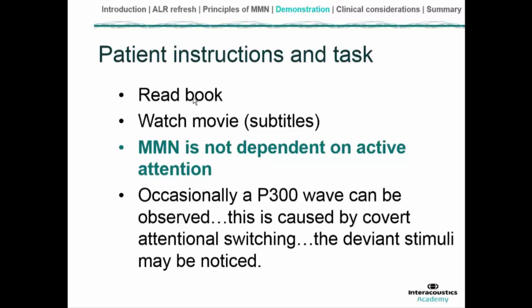So the more distraction that we can offer the patient, the better. But if you do see this N2B or P300 occurring, then it's likely that that is caused by the individual happening to notice a deviant occurring and then their attention switching to that deviant. But all in all, the MMN, it needs to be stressed, is not dependent on active attention.